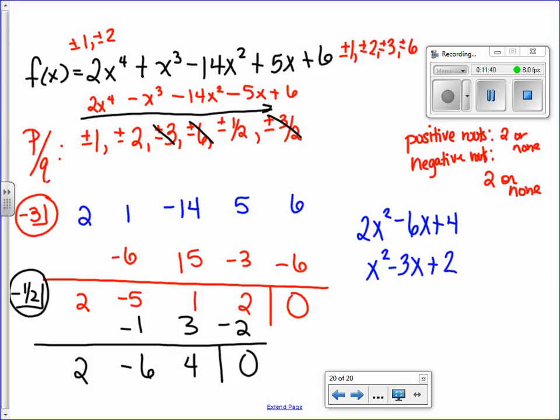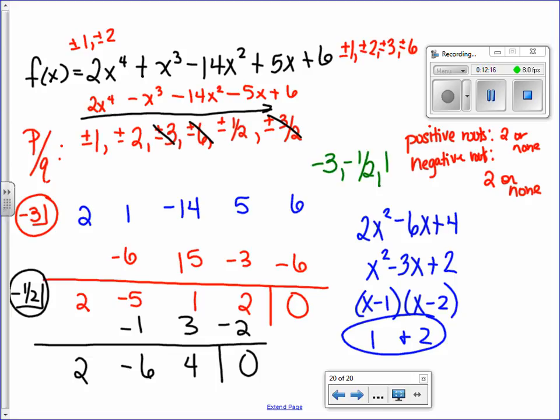And what are two numbers that will multiply to equal 2 and add to be negative 3? If that's the case, then my other two roots are 1 and 2. So all the roots are negative 3, negative 1/2, 1.